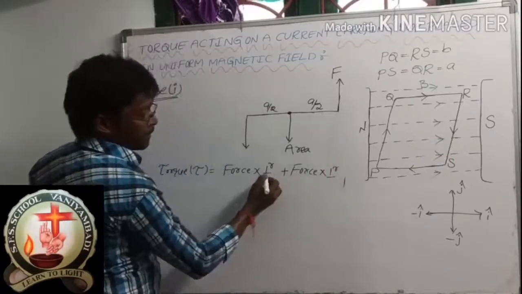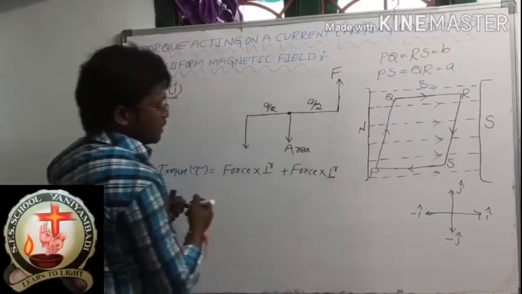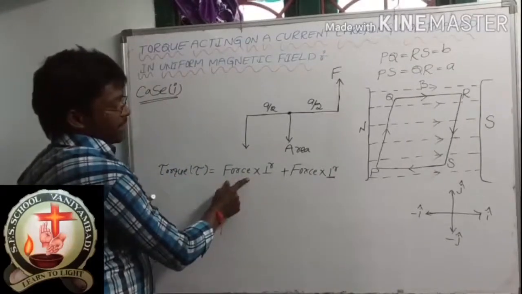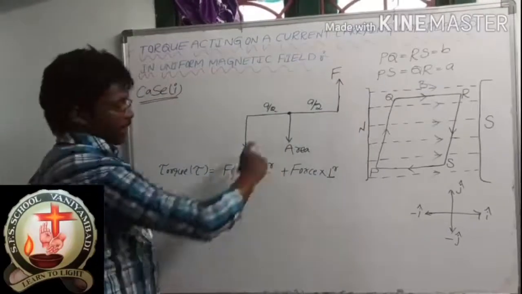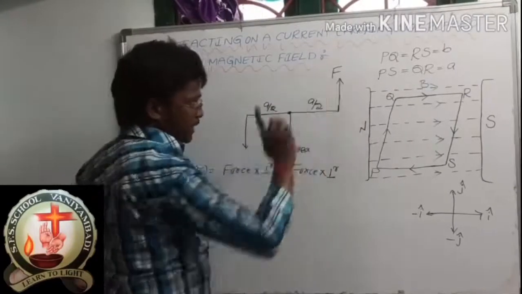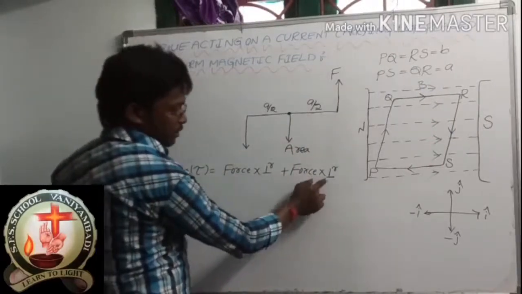This is perpendicular. This is also perpendicular distance. That means, okay, here one force is acting, and here one force is acting. Here one force is acting. Here also one force is acting. So force into perpendicular distance plus force into perpendicular distance.